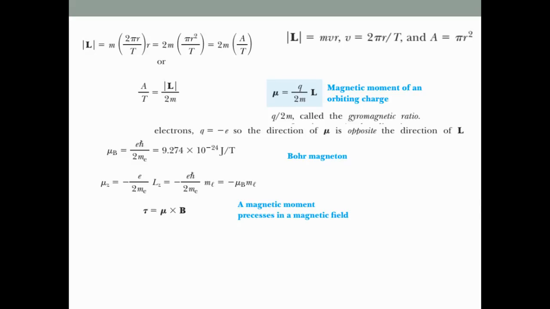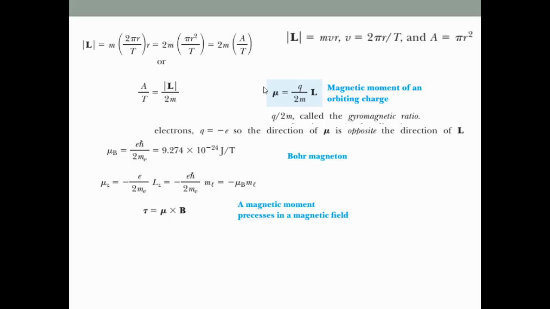This is easily verified for circular orbits, where L equal to mvr, v is equal to 2 pi r divided by T, and A is equal to pi r square. So L equal to m into 2 pi r divided by T into r, equal to 2 m pi r square divided by T, that is equal to 2m A by T. The same result holds good for general orbital motion.